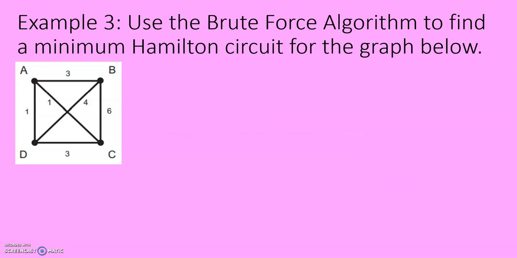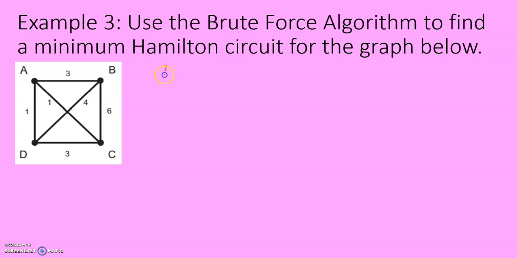Example 3 says use the brute force algorithm to find a minimum Hamilton circuit for the graph below. We've got a weighted graph. We've got the numbers. We've got 4 vertices. And if you look back to example 2, we already wrote all the Hamilton circuits that go along with it.